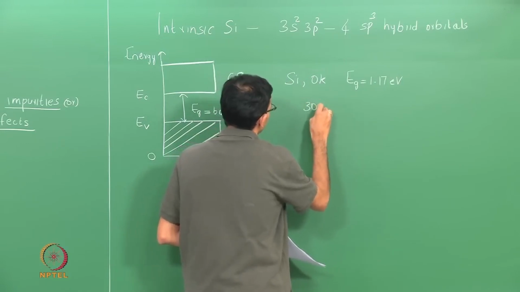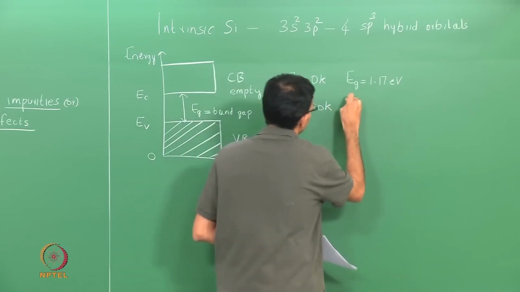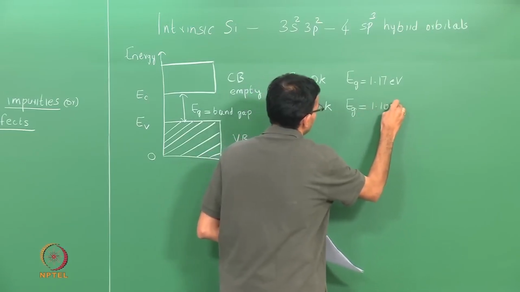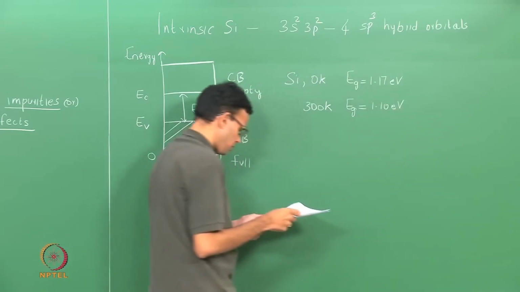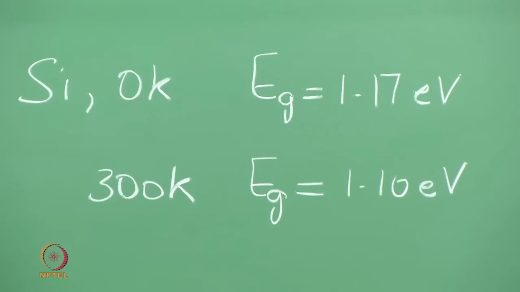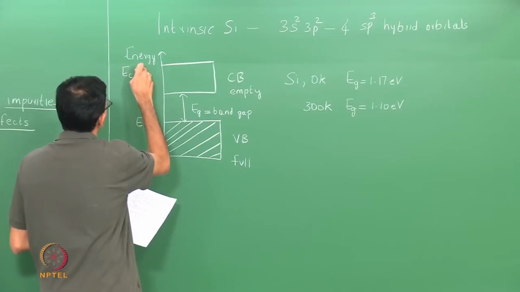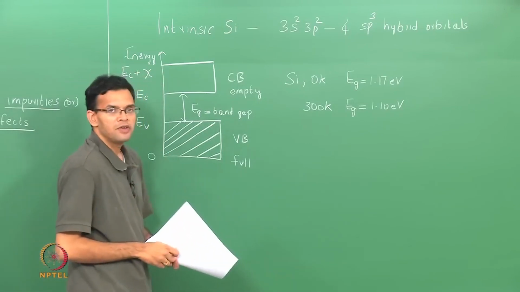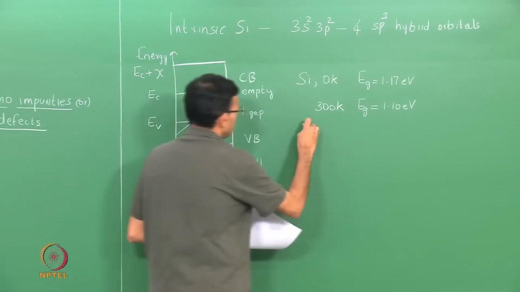At room temperature, Eg is slightly lower, it is around 1.10 electron volts. The top of the conduction band is usually denoted as Ec plus chi, where chi is the electron affinity.